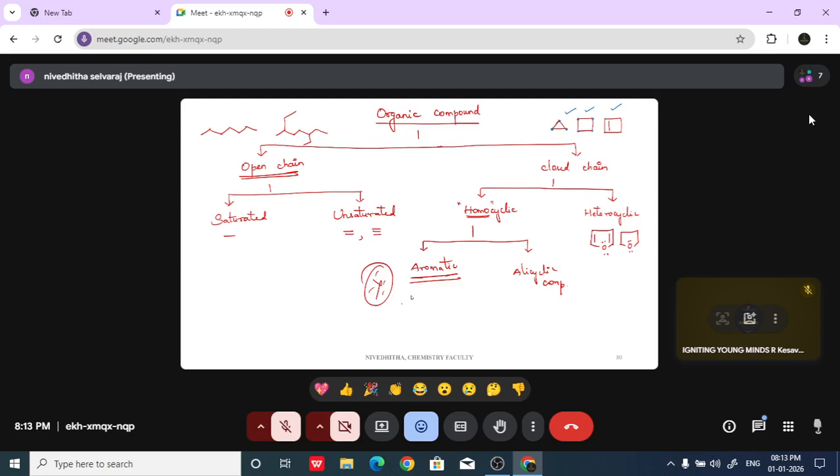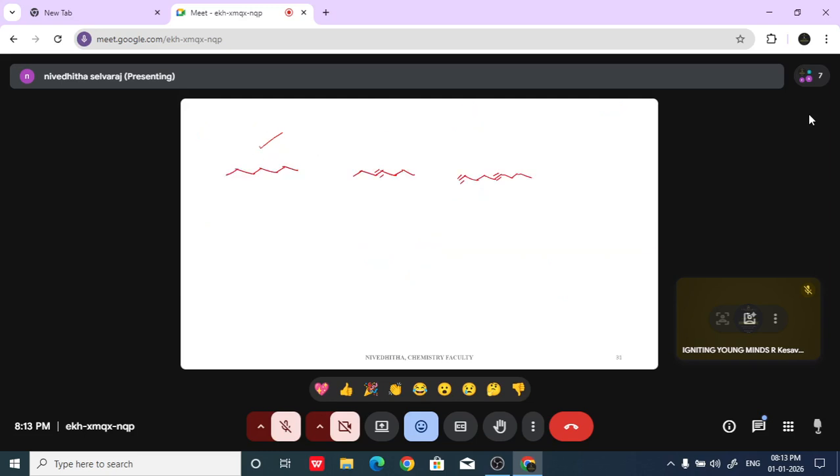is anti-aromatic or non-aromatic. So we have three types of systems. One is aromatic compound. If the compound is not aromatic, then it can be anti-aromatic or non-aromatic.